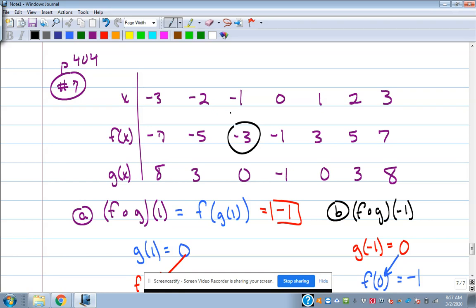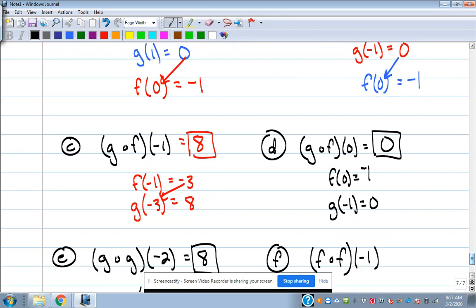That's my new x value. So I go up here to negative 3, and the y value goes into f. It's negative 7. We're tracing it through with the ordered pairs. That's what you're doing.